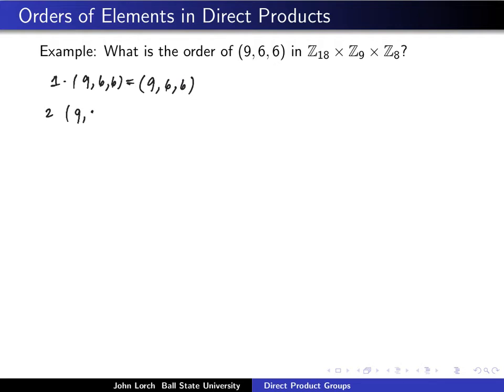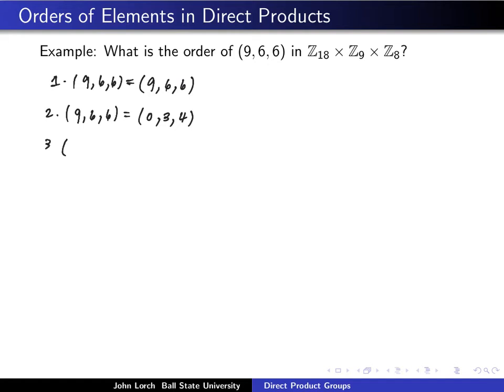So I take (9, 6, 6) and I add it to itself. And I see that 9 plus 9 is 18, which is 0 inside of Z18. 6 plus 6 is 12, which is 3 inside of Z9. And 6 plus 6 is 12, but that's 4 inside of Z8.